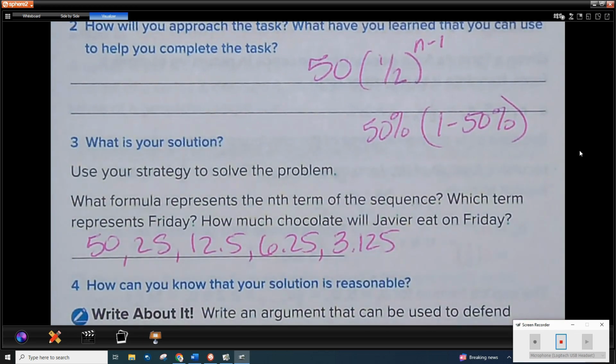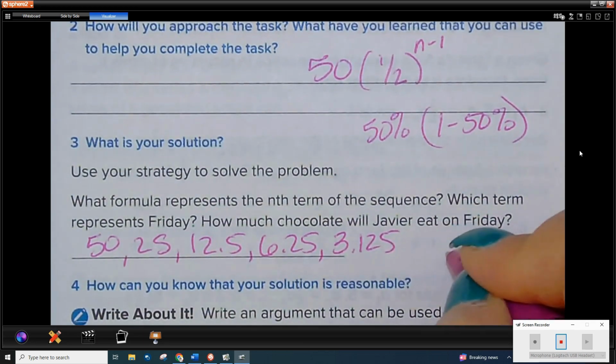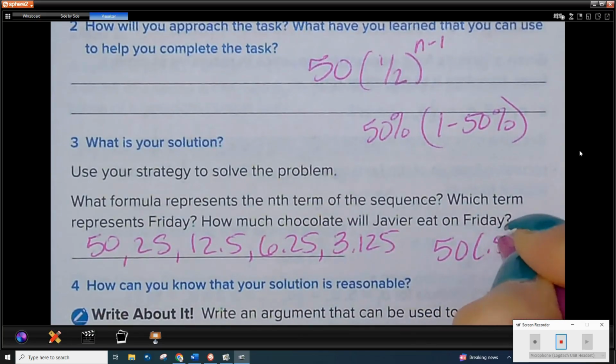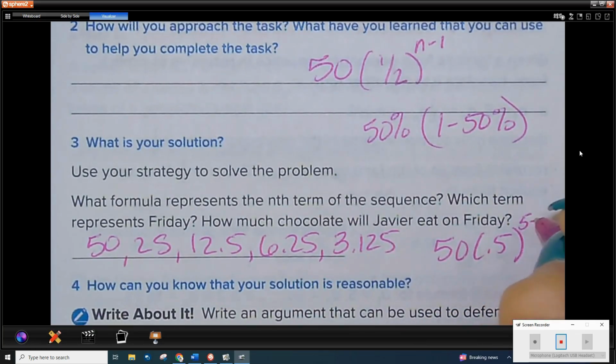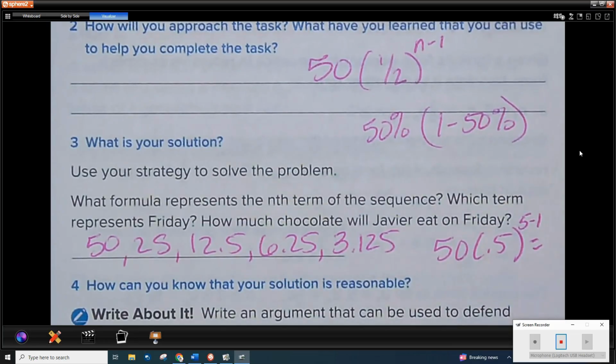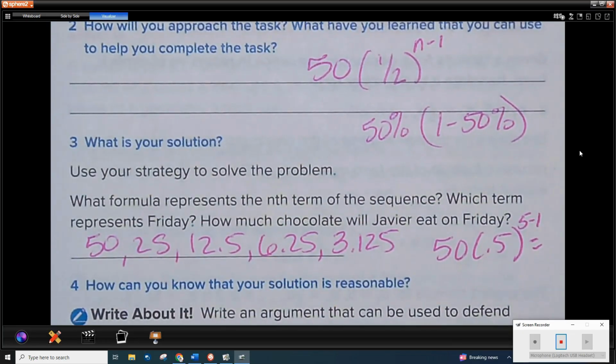Or you could use that formula, 50 times 0.5 to the 5 minus 1, and put it in the calculator. Parentheses are great here. With exponential anything, raise it to the 4th power, and you get 3.125.